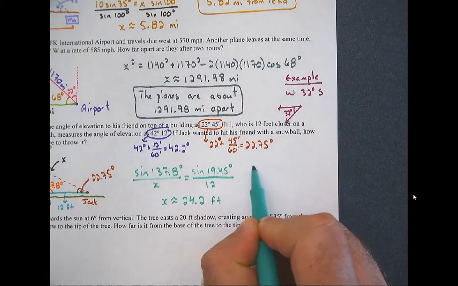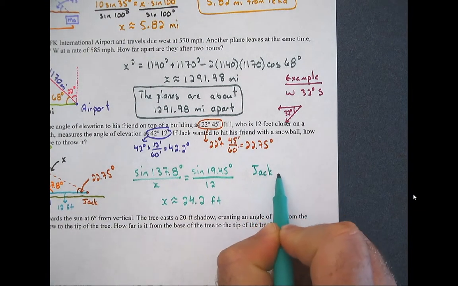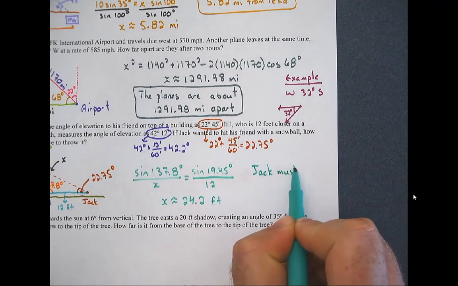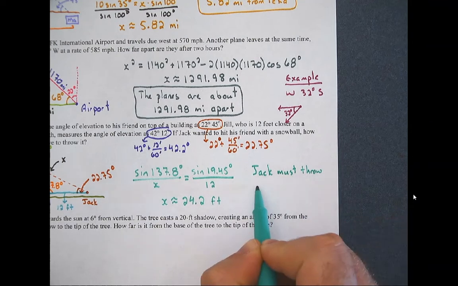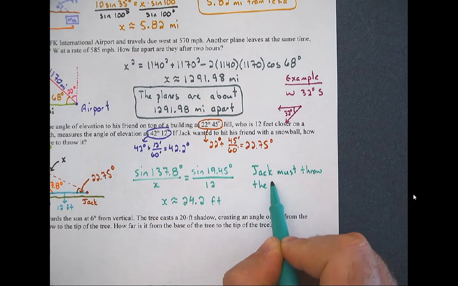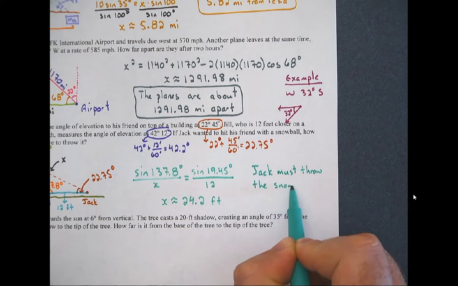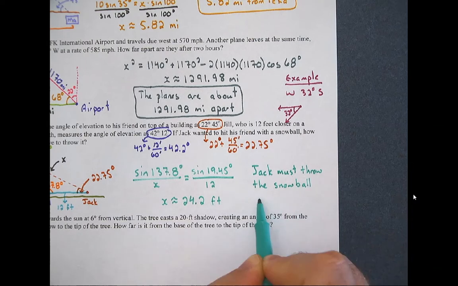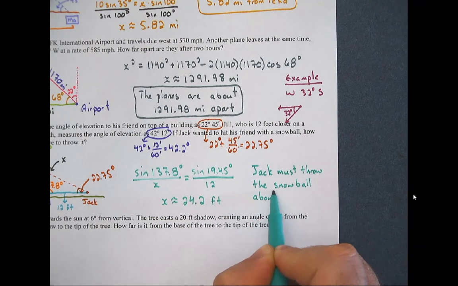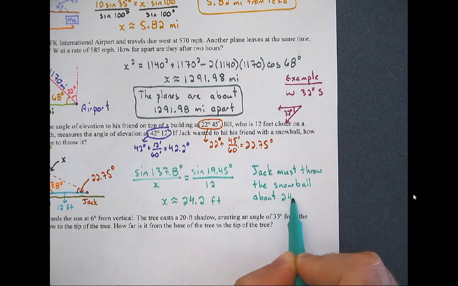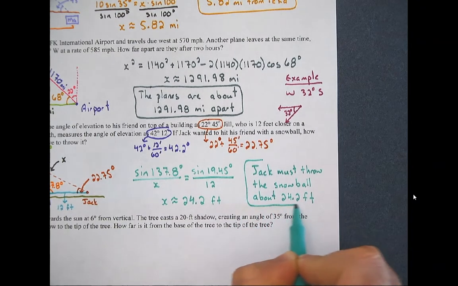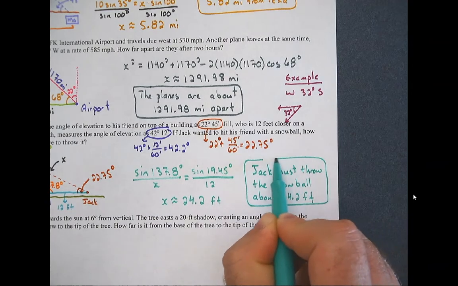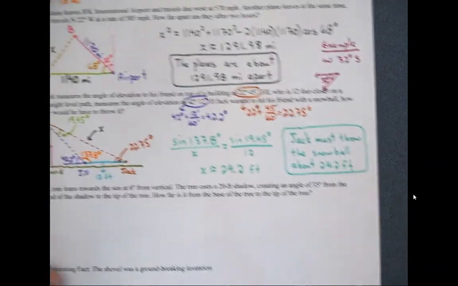Say something like, Jack must throw the snowball about 24.2 feet. There's a nice little quick, succinct write-up instead of just saying 24.2.